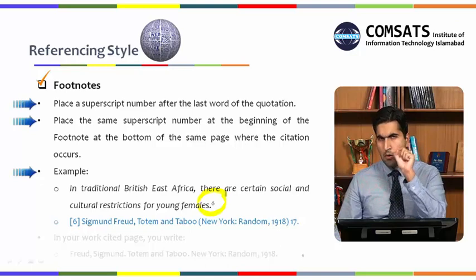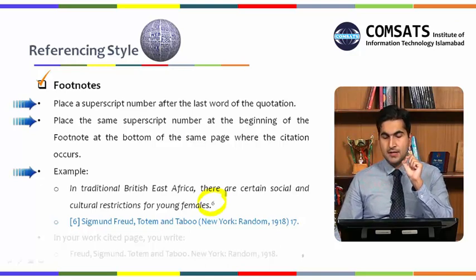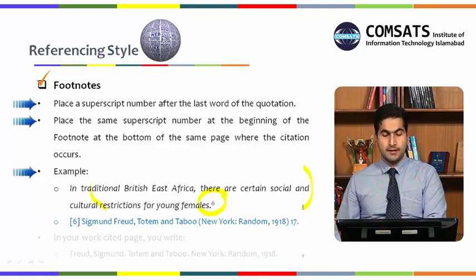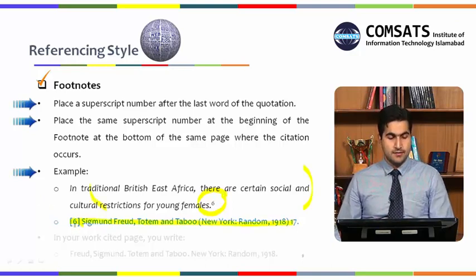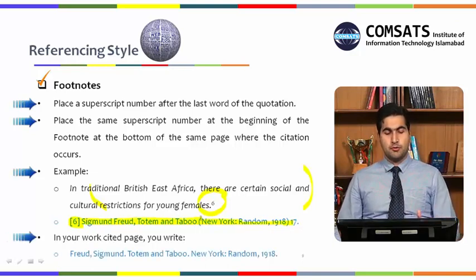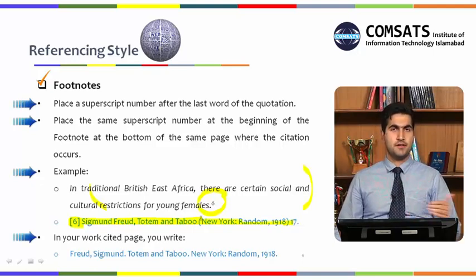Now see this small number 6 written in superscript, and at the bottom of this page where this line is, you are going to find this reference, and this number 6 indicates that this line has been taken from the reference of that book. In your works cited page also you're going to provide a full reference in this form, based on the referencing style that you are using, and we're going to look into it as well.